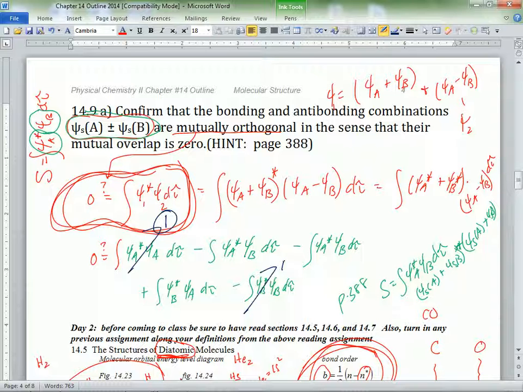If you pick any two of these atomic orbitals and try to integrate them, but they're different, you always get what? They're all mutually orthogonal. They have to be.